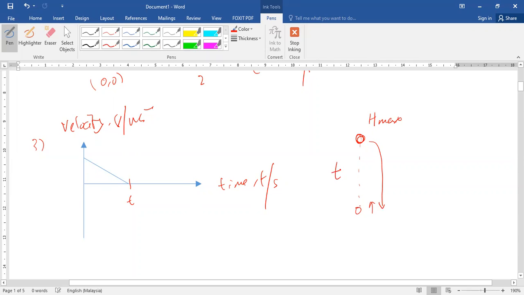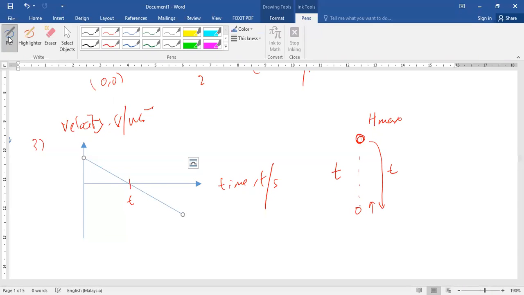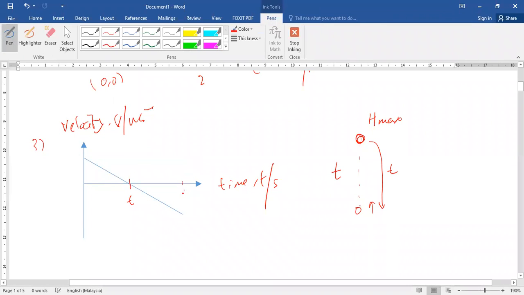If it moves up with time t, it will fall down with the same time taken. So that means when it reaches the ground, it will use the same time, until it reaches a point of 2t.